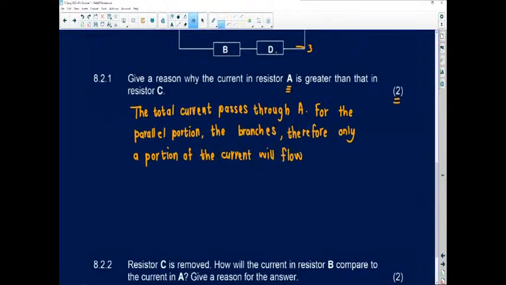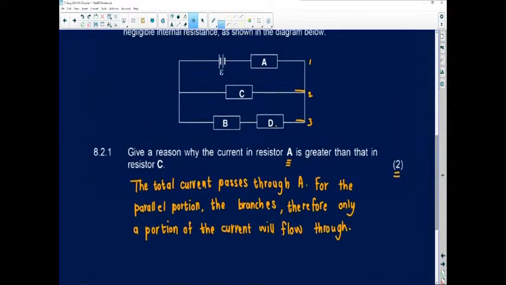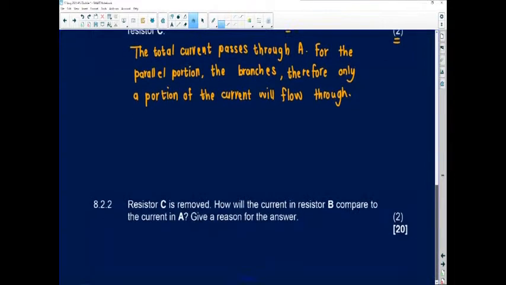But I think what the examiner is looking for here, let me just write this before I make a spelling mistake, is for you just to say that the total current will be at A, but then it will split between these ones. And that was only for 2 marks.